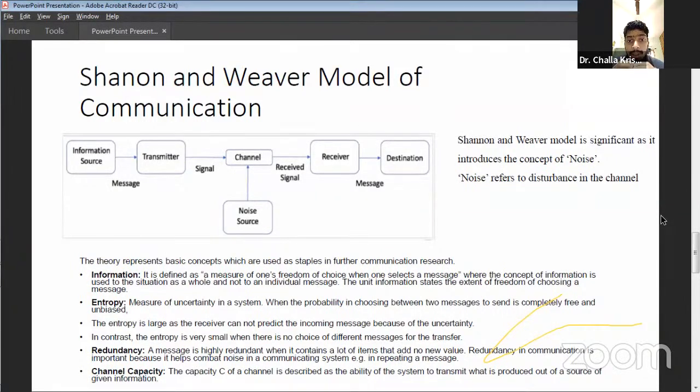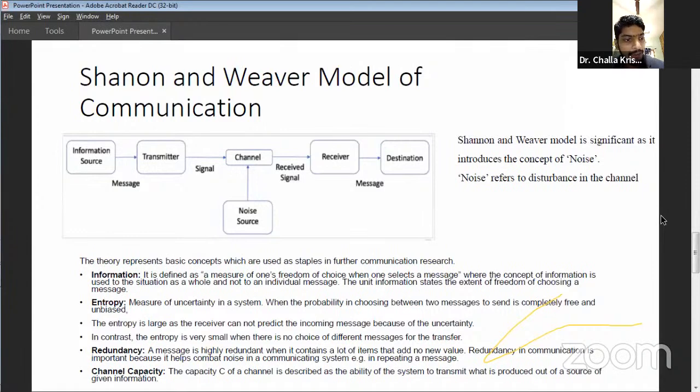This noise is because of the bias. One newspaper has bias towards one political party, another newspaper has bias towards another political party. Even that is noise. Because of this noise, we are not able to get the right information. The actual truth is not being diffused correctly because of this noise.